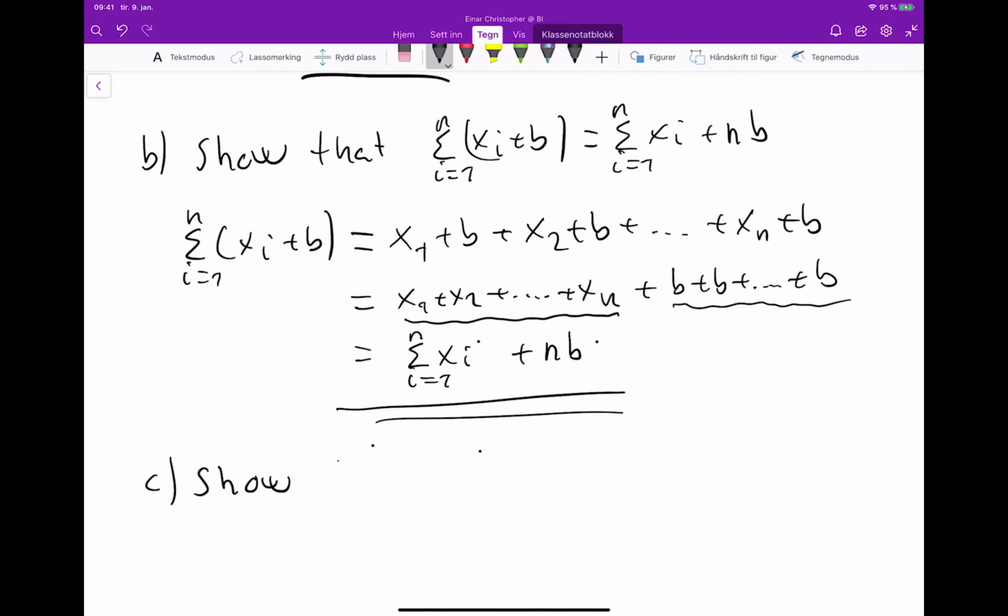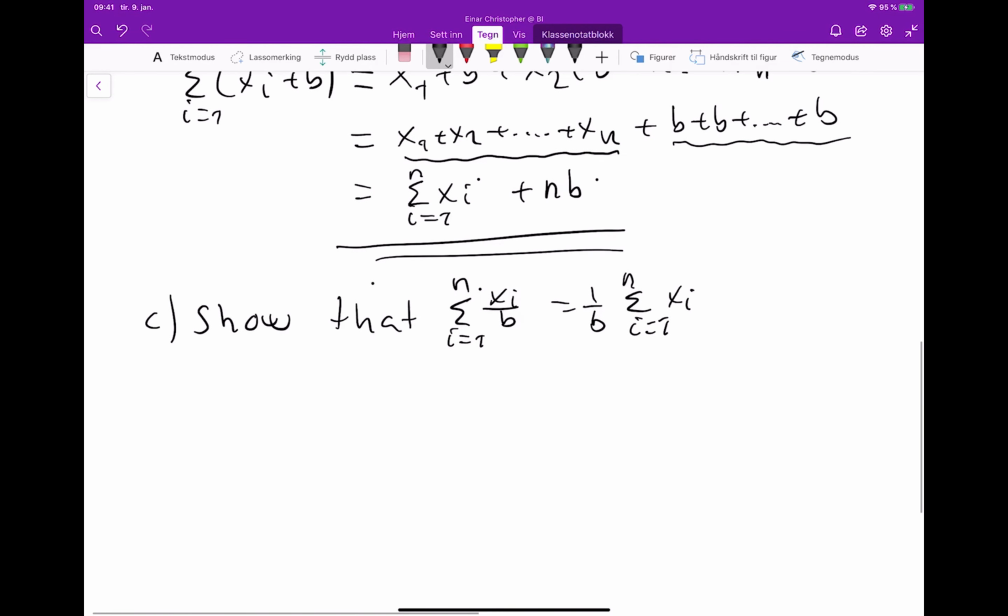Show that the sum over xi divided by b from i equal 1 to n is equal to 1 over b times the sum from i equal 1 to n of xi. We start with what we get, that's the sum from i equal 1 to n of xi divided by b.